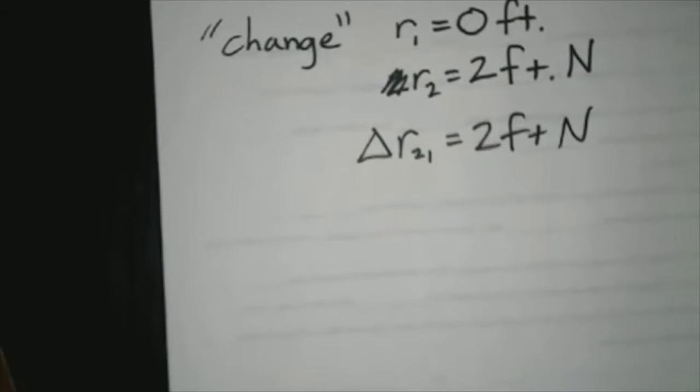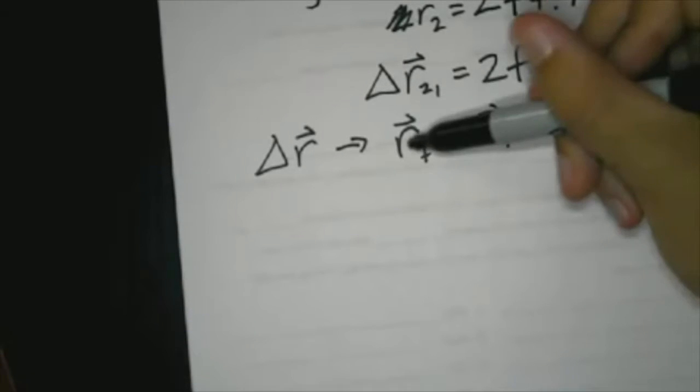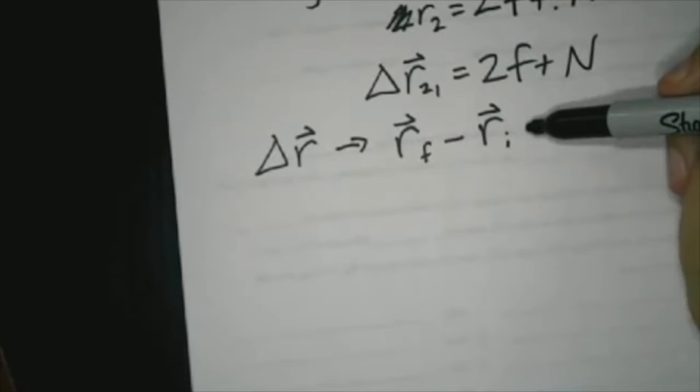How did I get that? Because change in R, or position, is always going to be synonymous with my final position minus my initial position. Always, always, always, when you're talking about vectors, it's final minus your initial.